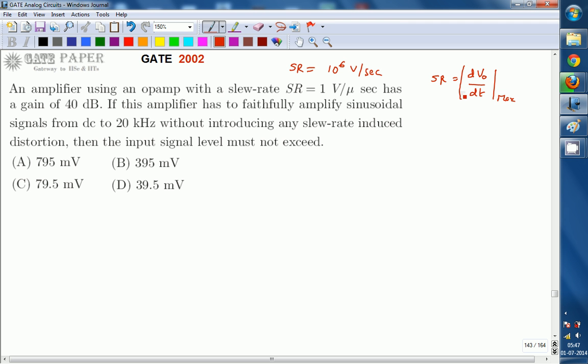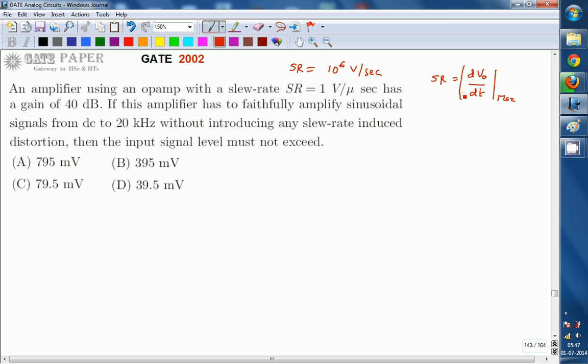That's why we are writing it as dV naught by dt, which is the rate of change of output, and we take the modulus of the maximum, of the amplifier which is using the operational amplifier.